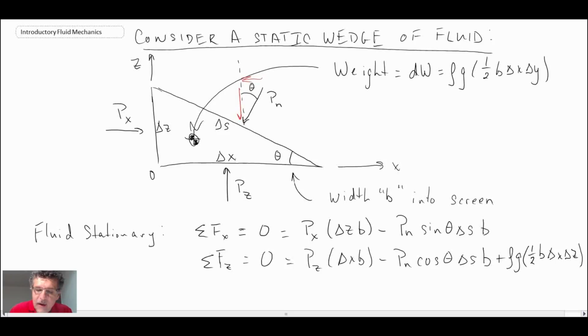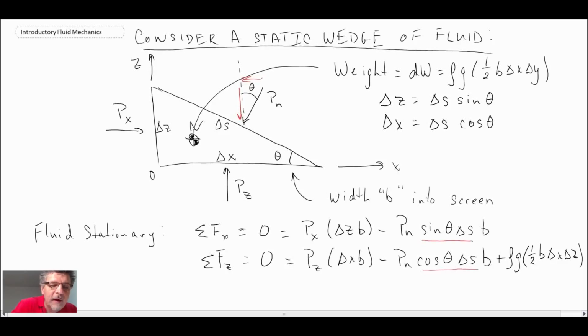Now, we're going to replace sine theta delta S and cos theta delta S, and we're going to do that using trigonometry. So we can write that delta Z is equal to delta S sine theta, and delta X is equal to delta S cosine theta.